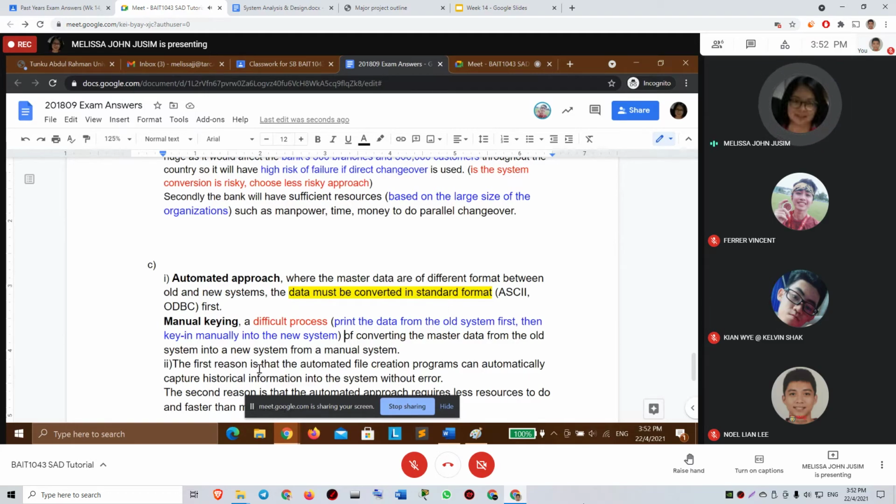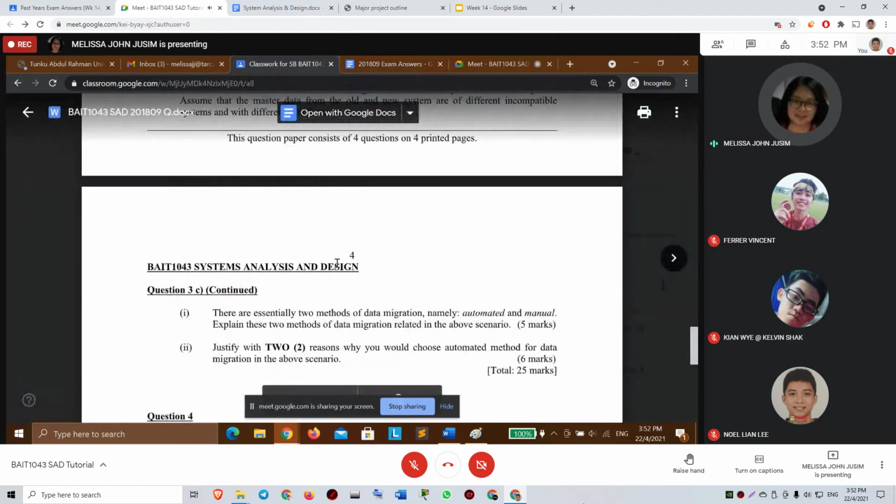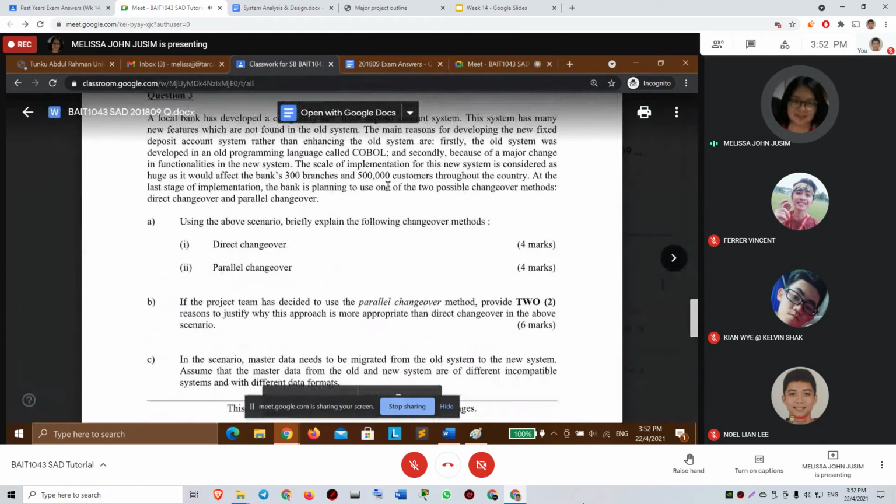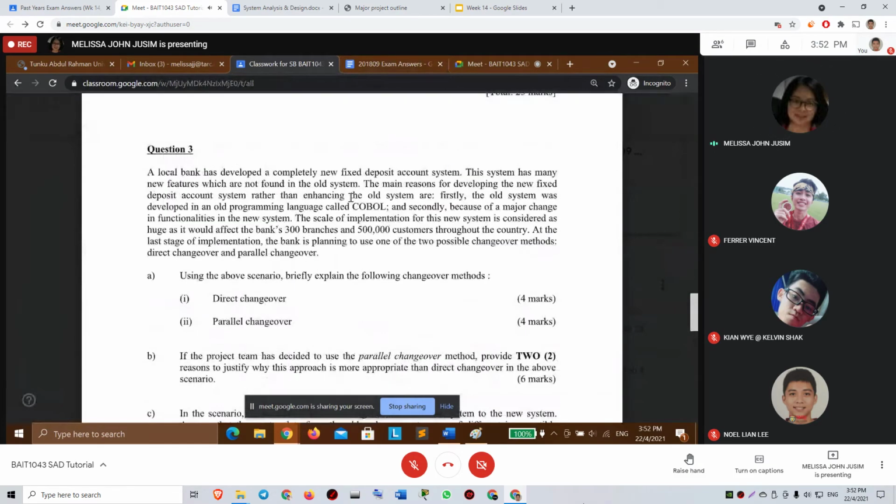But hopefully your project will be a bit different. It depends, because sometimes if they really want to keep the old system data, they need someone to do this. Another way of doing this is, what's the name?